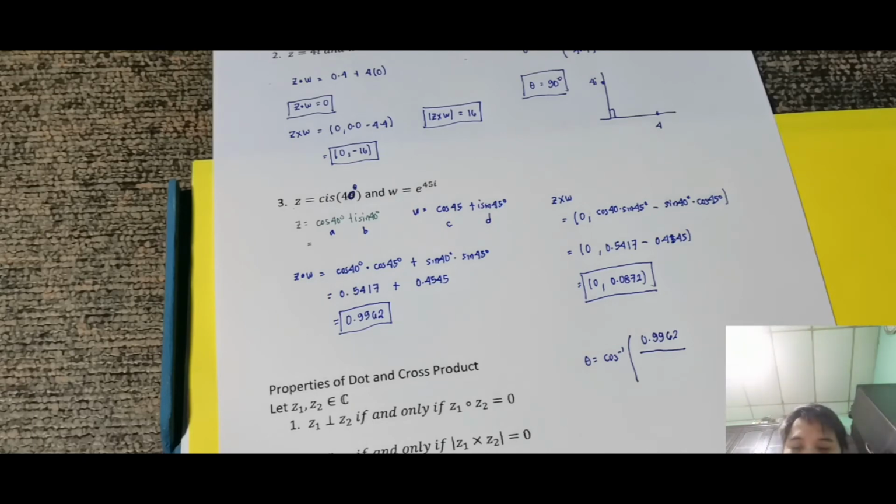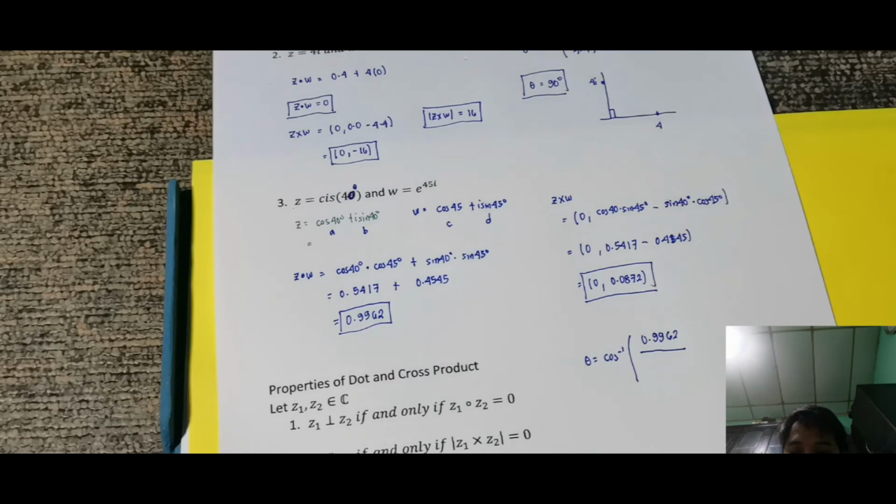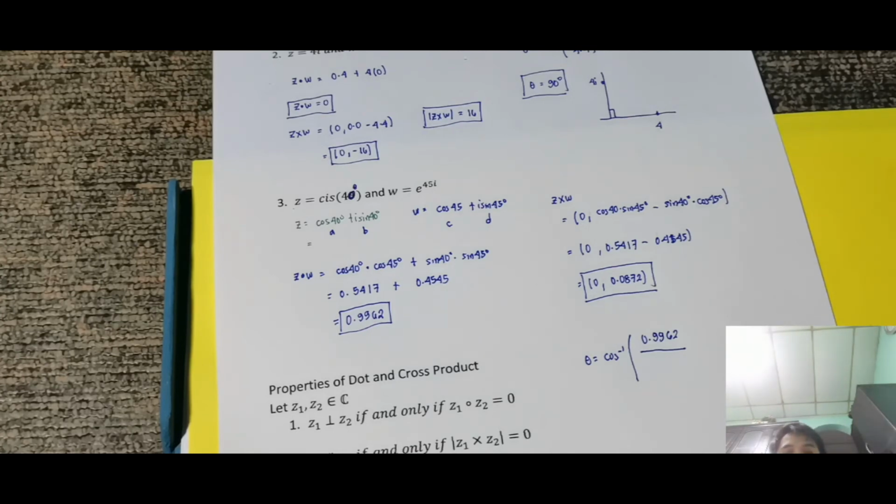That is square root ng cosine 40 degrees squared, check ko lang sa calcu, plus the sine 40 degrees squared. 1. Seryoso, 1.